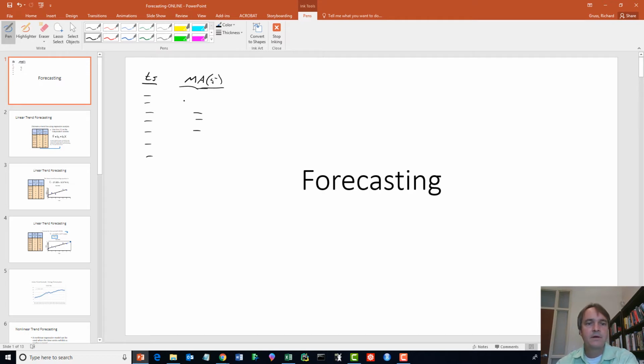And so we would have a smaller series that would smooth out all the peaks and troughs of the original time series. And we might also have an exponentially smooth series, which would have a different series of values here.